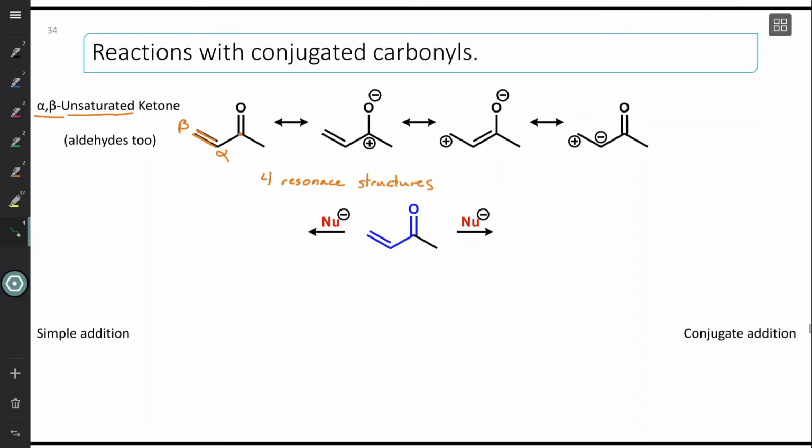And you can also split this molecule to straight here, and that gives you this kind of resonance structure. The point being that you have a site that is electrophilic at this carbon and a site that's electrophilic at this carbon here, right? So these are the electrophilic sites.